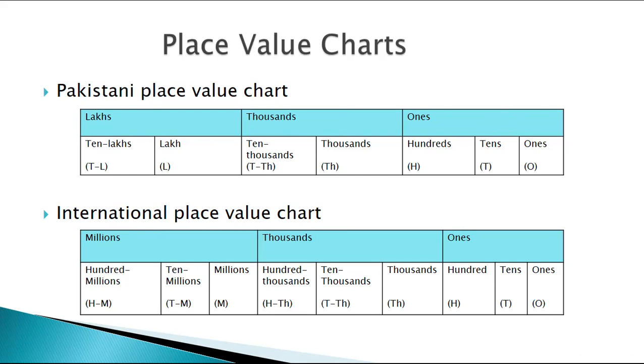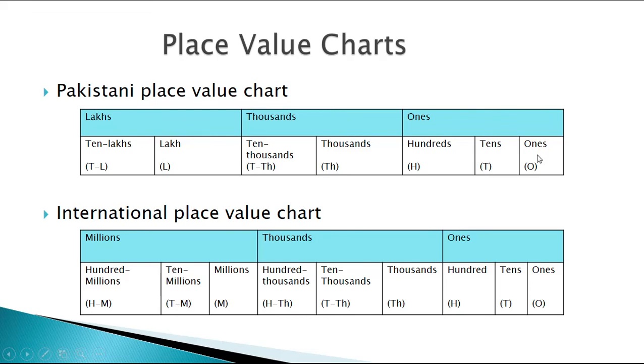In the Pakistani place value chart, there are three periods. The first period is ones, the second period is thousands, and the third period is lakhs.